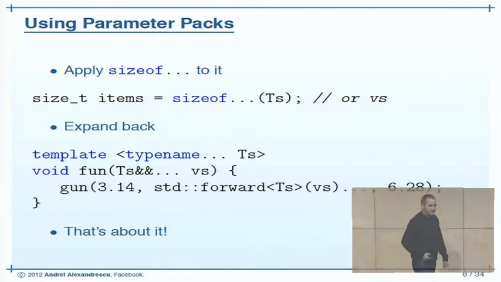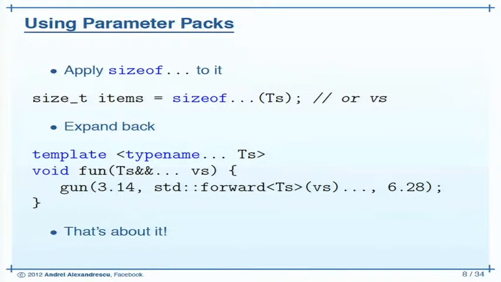And in particular, there's exactly two things you can do with them. Number one is useless, and the other is useful and doable. The useless thing is sizeof dot dot dot. You can apply sizeof dot dot dot to a list of types or a list of values, and what do you get back? You get back the number of elements in the list.